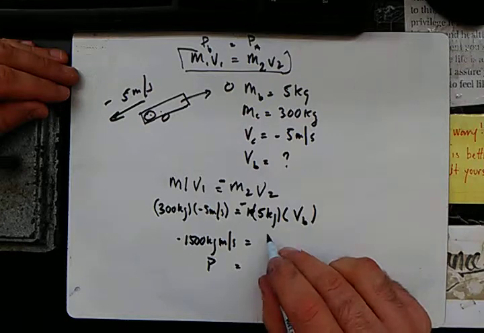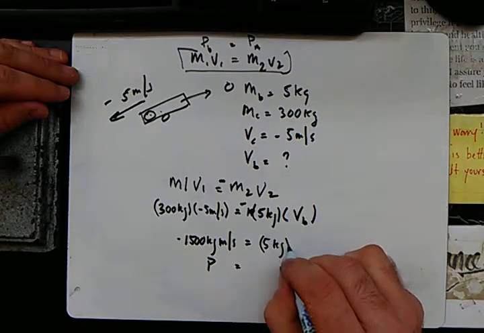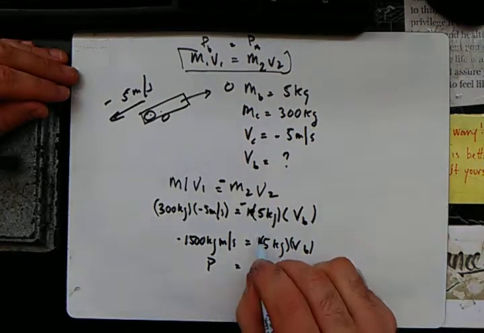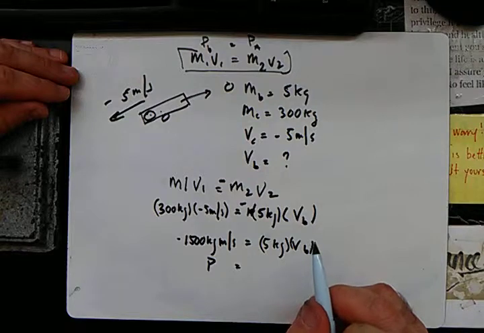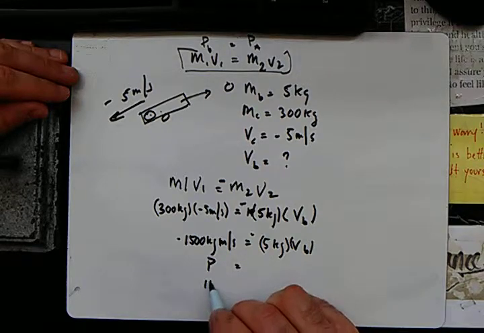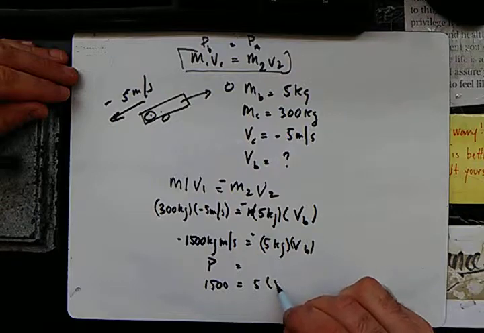It's got to equal the momentum after. So let's solve this: 5 kilograms times the velocity of the ball. Let's solve for that. 1,500 equals 5 v.